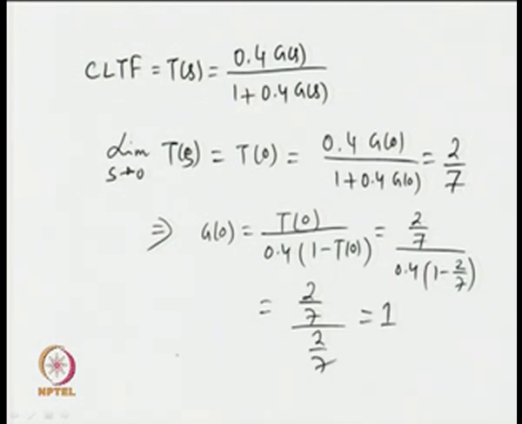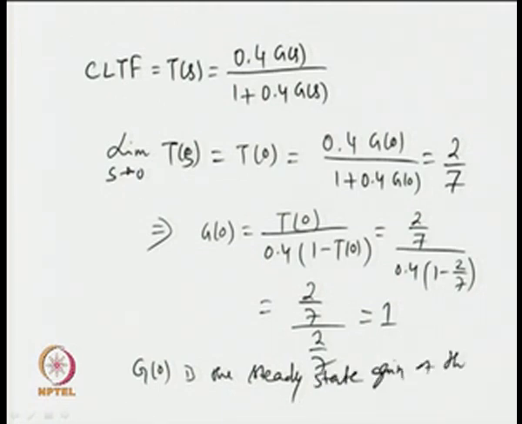So, what is G 0? G 0 is nothing but the steady state gain of the real time process. So, G 0 is the steady state gain of the unknown process, or of the process which is to be identified.